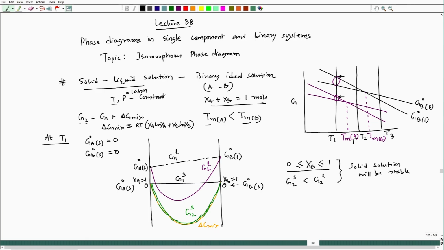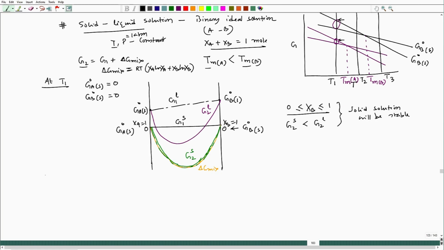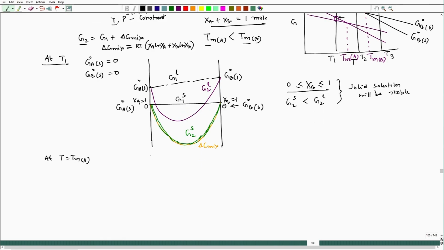Now, let us take temperature at T equal to TMA. In a similar fashion I can take another plot like this.